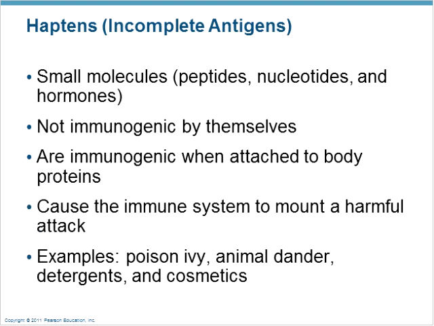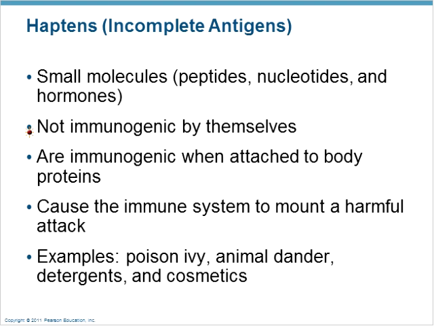Haptens, which is another name for an incomplete antigen, are much smaller molecules, which include peptides, nucleotides, and hormones. They're not immunogenic by themselves, but they are immunogenic when they're attached to body proteins, and they cause the immune system to mount a harmful attack. For instance, poison ivy, where we react to the resin of the poison ivy.